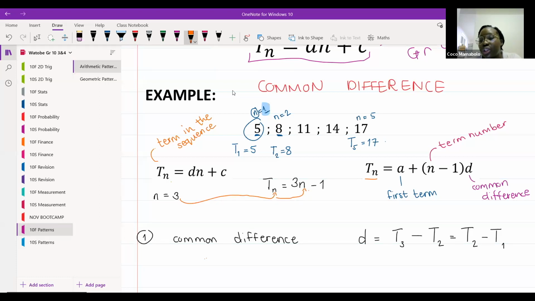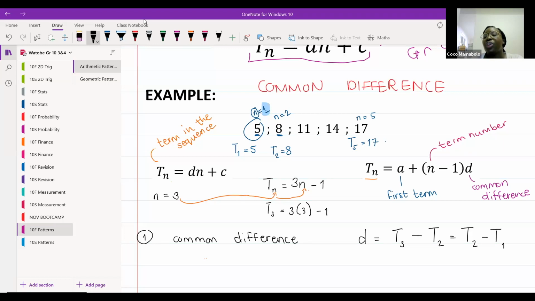We are going to replace n with 3. So I'm going to have T3 is equal to 3 times 3 minus 1.